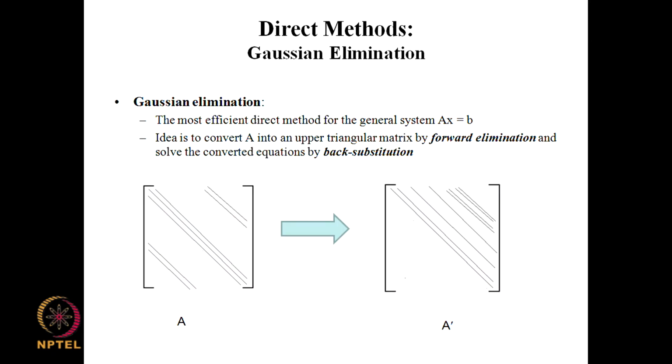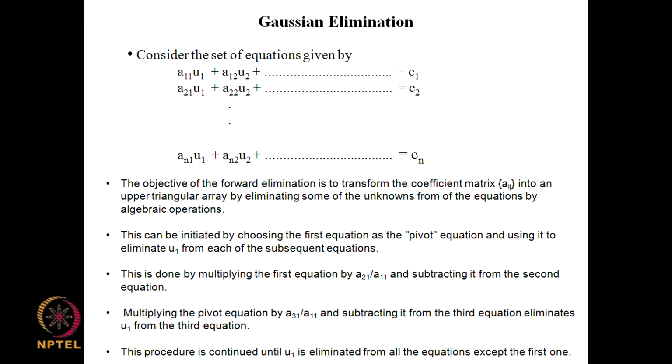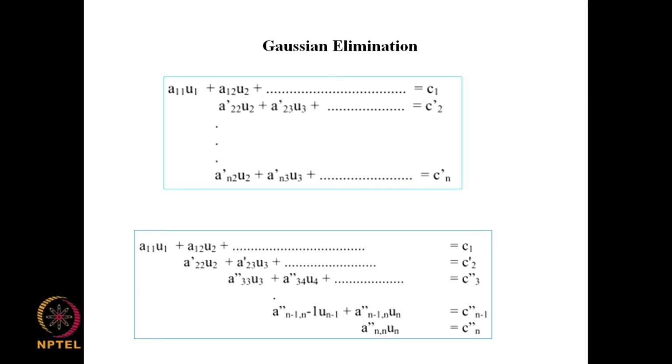And this is considered the most efficient method for the solution of Ax equal to b, when A does not have any specific structure that we can exploit, which is not the case in many CFD problems. In many CFD problems you have sparsity as a very characteristic feature.